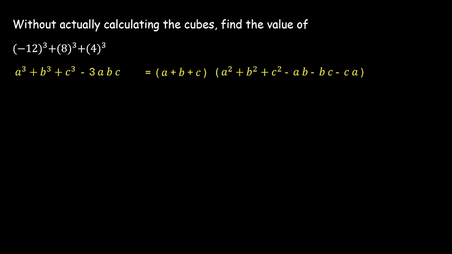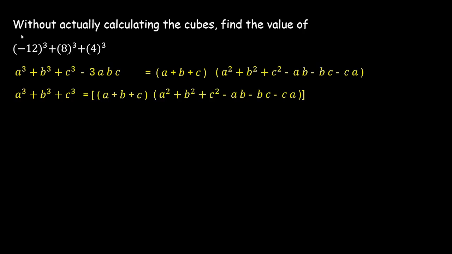Now, how about if we just take a cube plus b cube plus c cube on the left hand side, take the entire value of the right hand side and transpose this negative 3abc to the other side such that it becomes positive 3abc. And let us now consider minus 12 as a, okay, so let's put it over here, and b as 8 and c as 4.